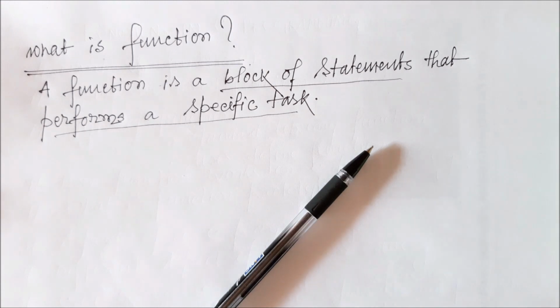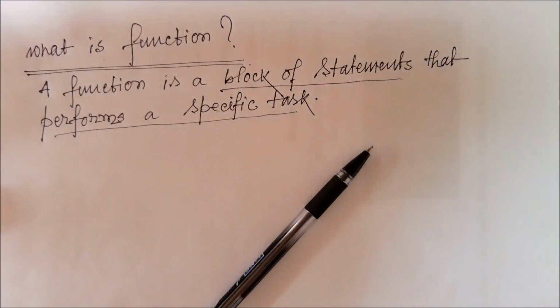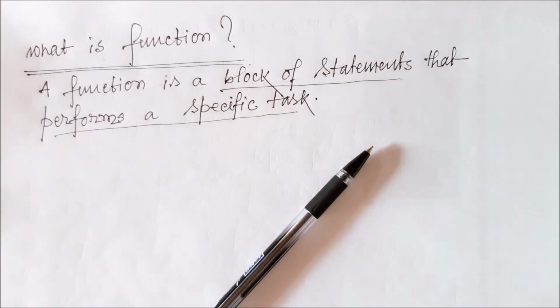In such a case you have two options: use the same set of statements every time you want to perform the task, or create a function to perform that task and just call it every time you need it. Usually the second option is a good practice, and a good programmer always uses functions while writing code in C programming.